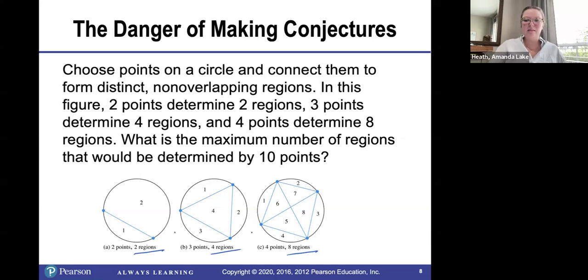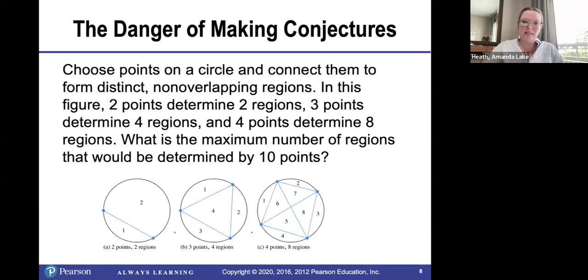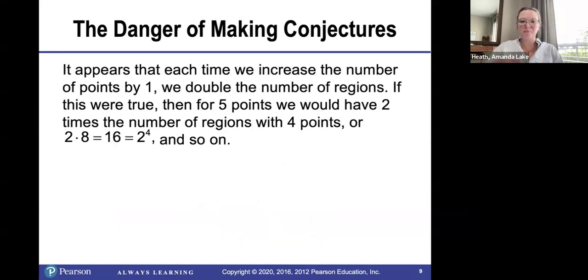So it might lead us to guess that when we have 5 points, we have twice as many as we did with 4 points. So that would be 2 times 8, because 8 was what we had with 4 points. So it would be 16, which is 2 to the 4th. That is what happens when we take the previous number of regions and multiply it by 2.